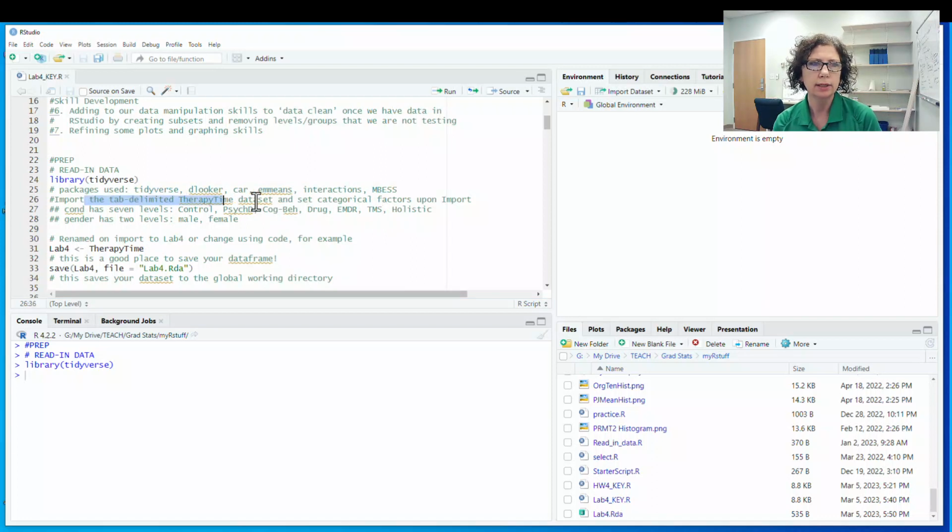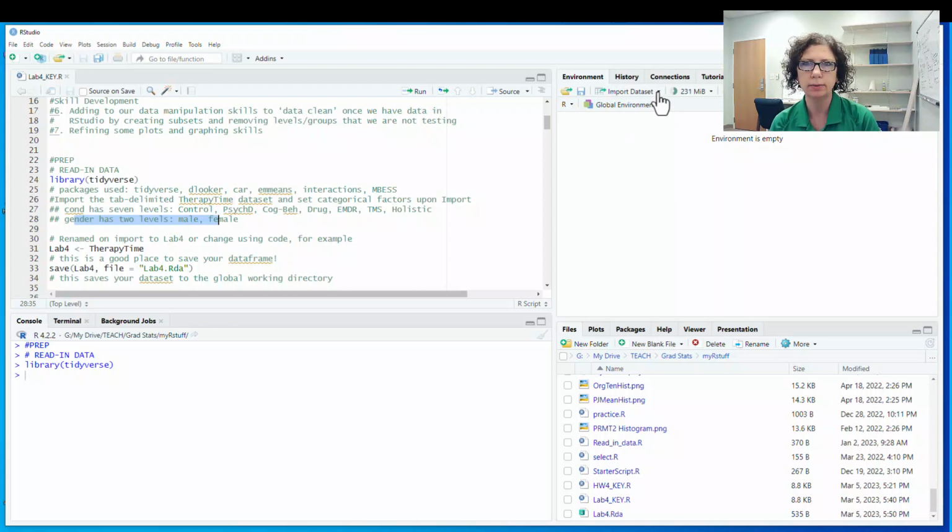But what we need is this tab delimited file called TherapyTime. And before I go to get the data set, I'm going to copy these levels here because there's 7 levels. So I'll do Control Copy. That way when I import the data set, I can just set up my factor with the levels by pasting it in there. The other predictor, gender, just male and female, that's easy to type in.